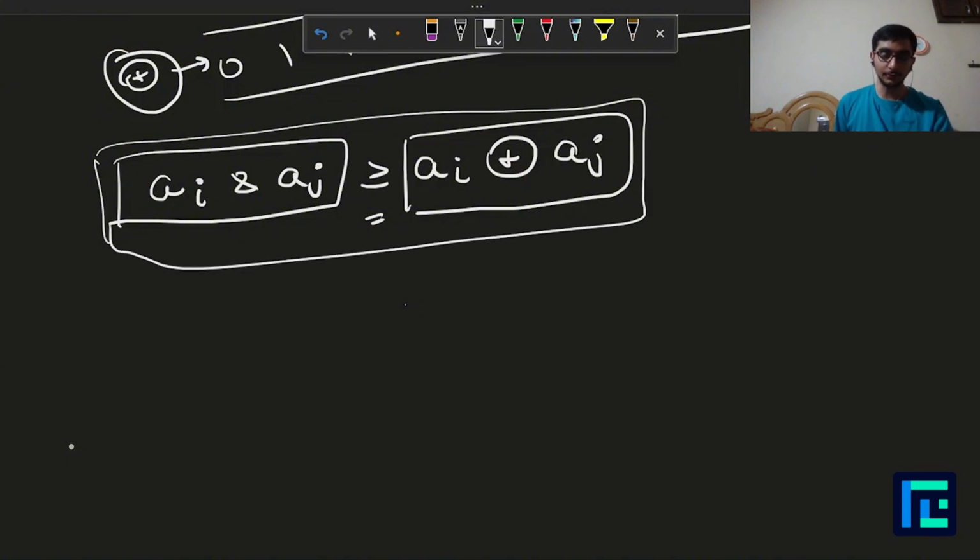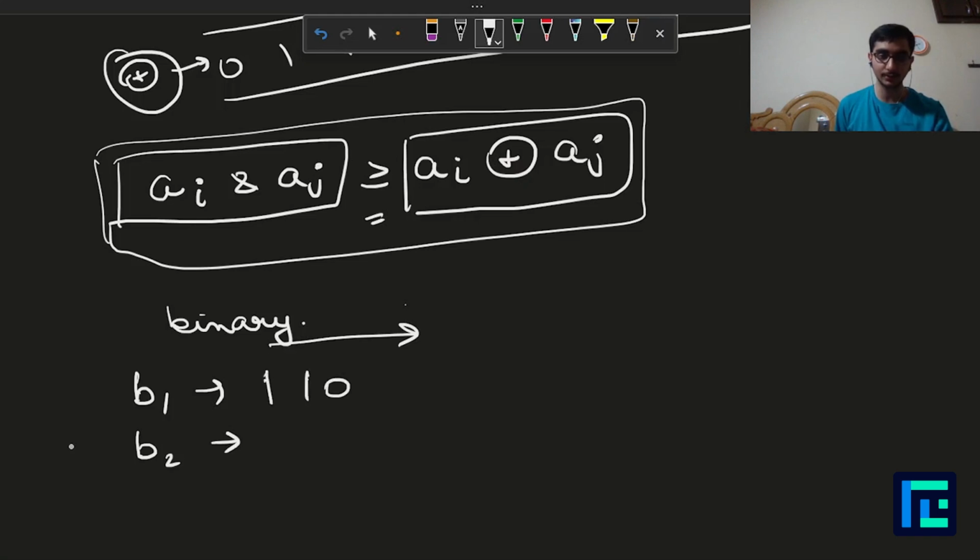So before that, we also need to know another property of numbers represented in binary format. So let's say I am reading two numbers, B1 and B2. Both numbers are written in base 2, and I'm reading both of those numbers from left to right. Now let's say for some prefix, both of those numbers were equal.